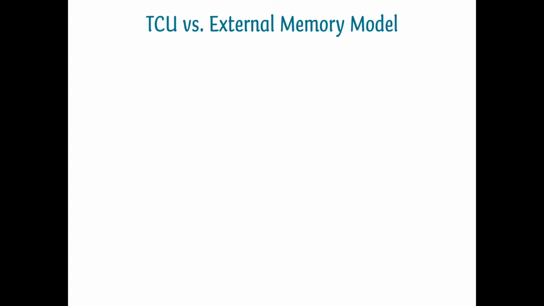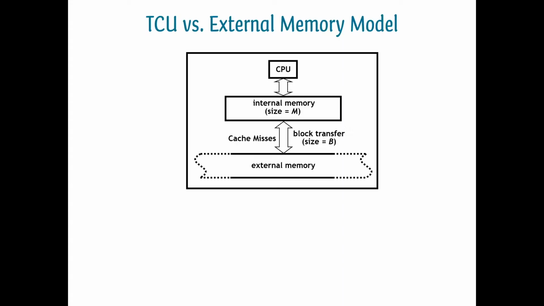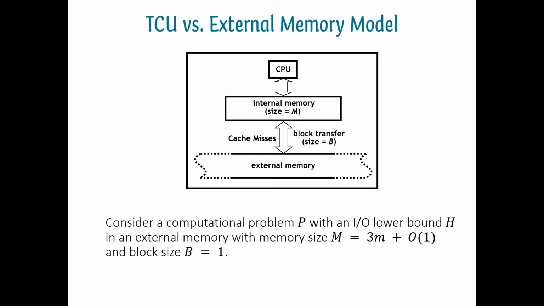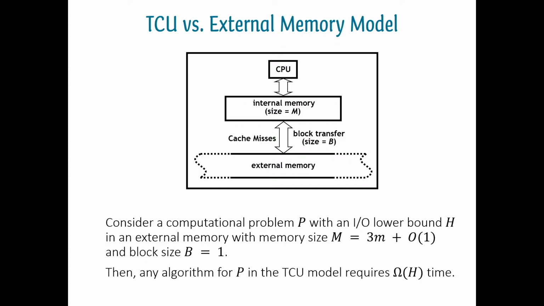So that is that for stencils, and with this TCU, as you have observed, you have a speed up factor of square root of m or log m, something like that. That looks like the savings in I/O you get in the external memory model. Indeed, one can show that if you have an I/O lower bound in the external memory model, that will give you a lower bound on the running time in the TCU model.